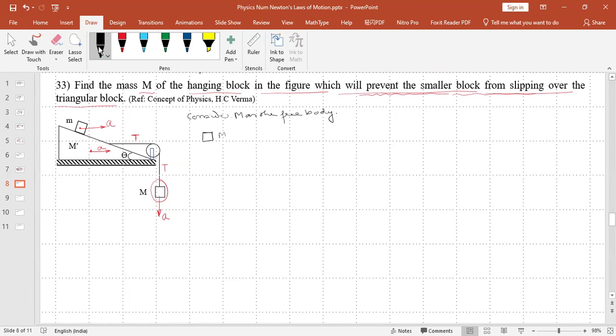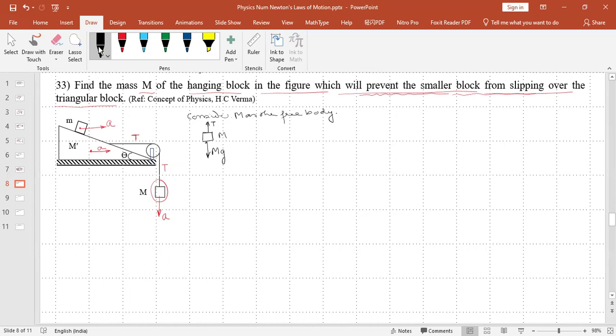This is capital M. It has a force going down, capital Mg, and a force upward of tension T. So from this, we can easily write down the equation.